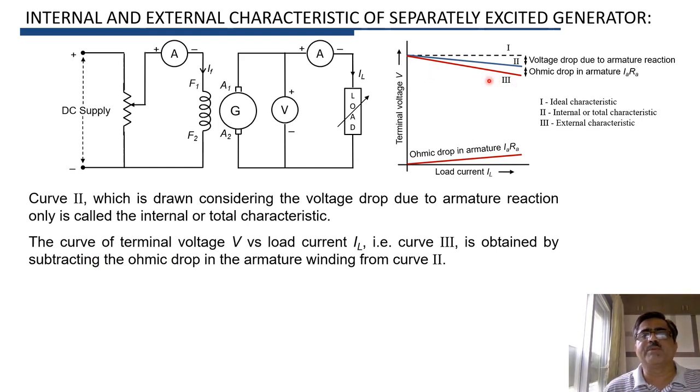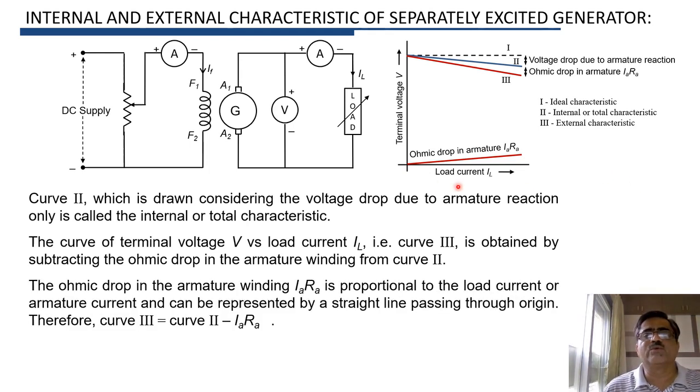This can be obtained by subtracting the ohmic drop IARA from curve 2. The voltage drop in armature IARA increases with increase in load current IL. So as IL increases, IARA also increases.